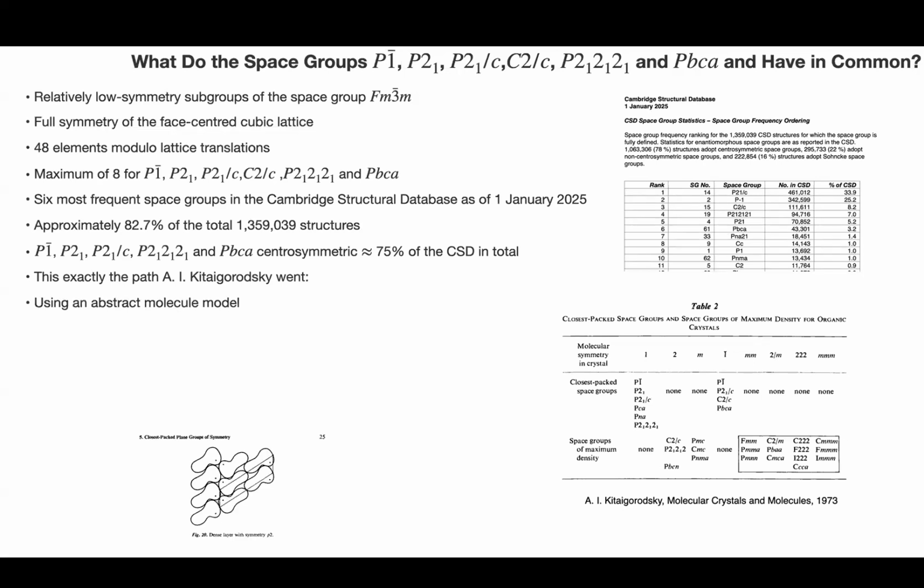This is a table from a book by Kitaigorodsky, the Russian physicist, who actually compiled a list of these. You can see the groups we have selected are in his list.